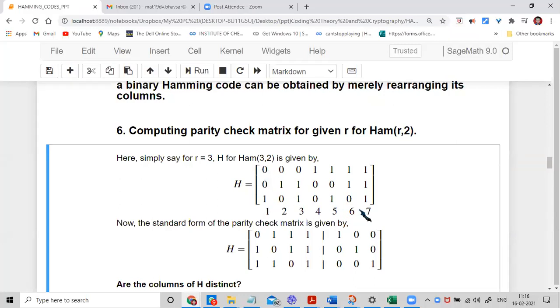After that, I'm arranging them in ascending order, like I can convert them into decimal, 1, 2, 3, 4, 5, 6, 7. So can anybody answer, are the columns of H distinct?